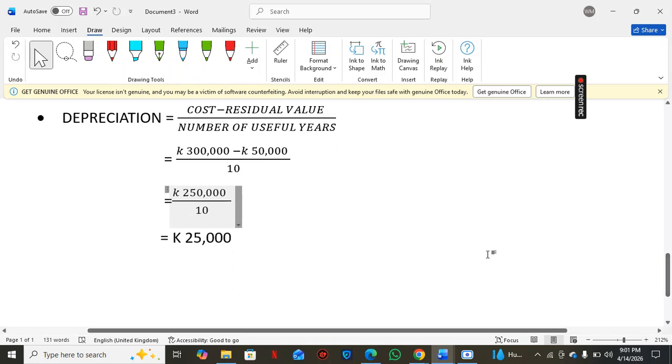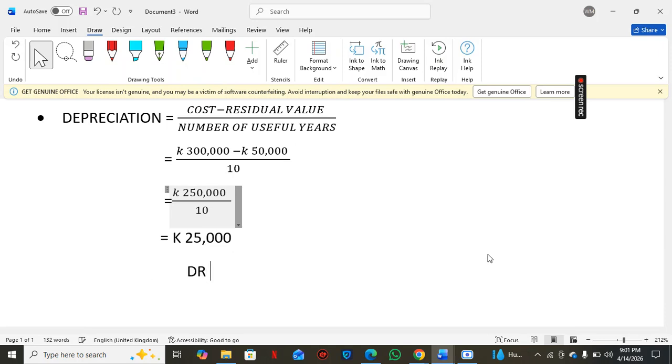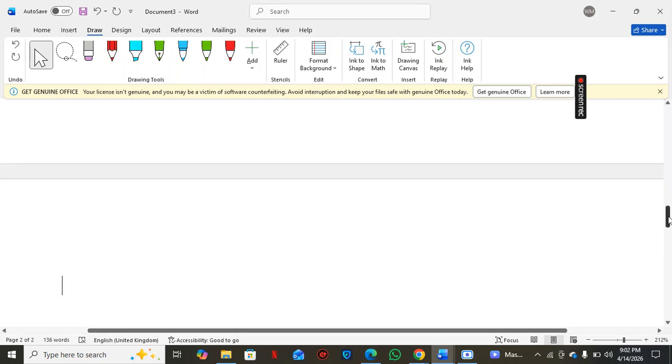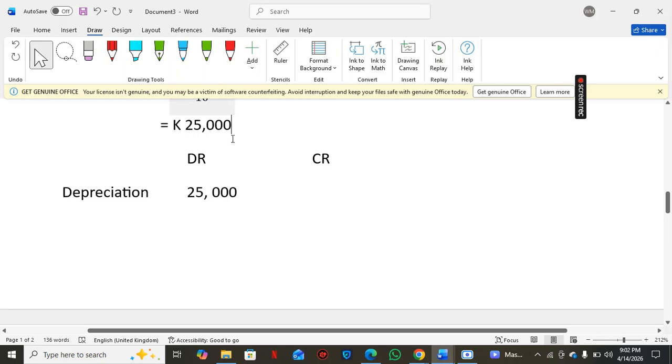So at the end of year one, your journal entry will be like this. For depreciation, you debit the depreciation expense 25,000. Then you're going to credit accumulated depreciation.